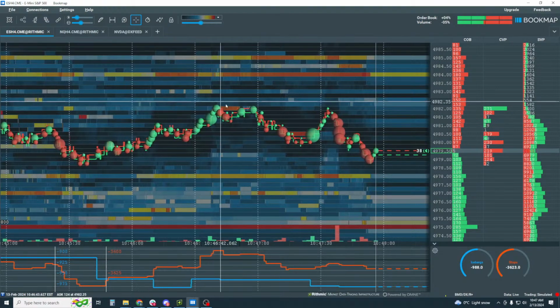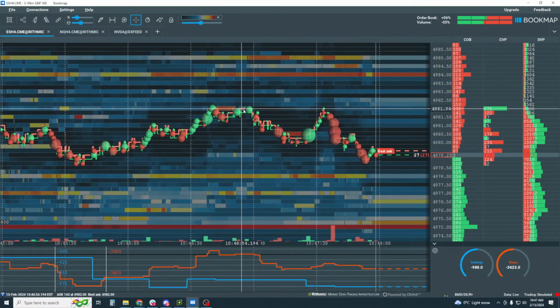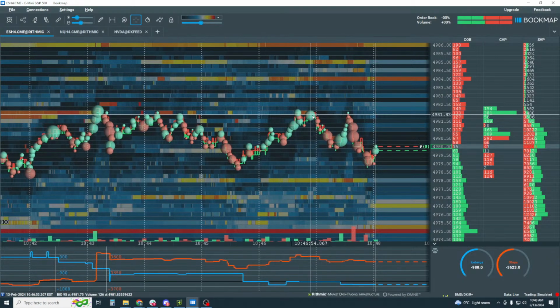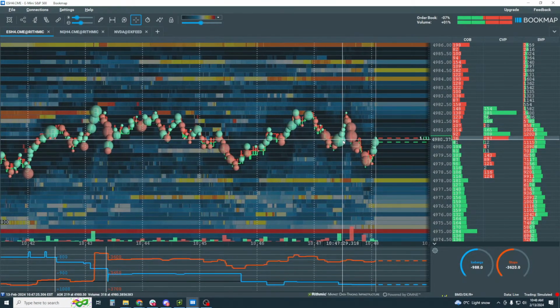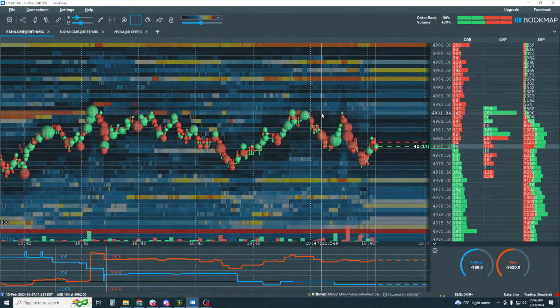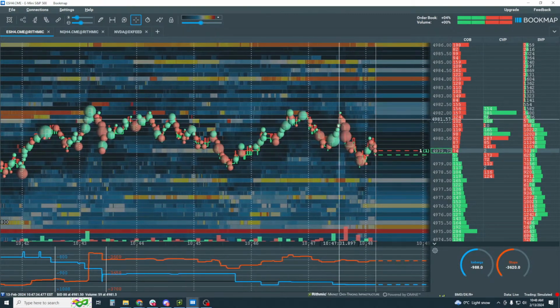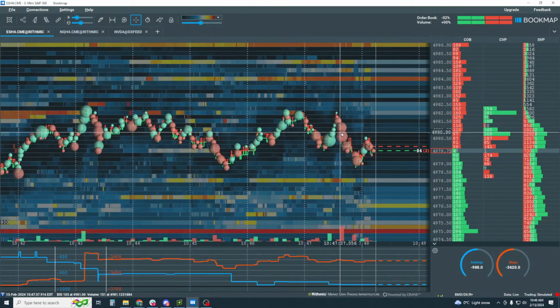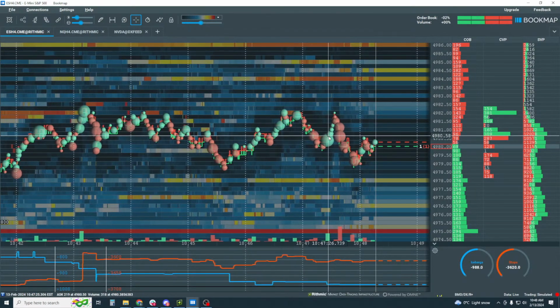We're looking for those buyers to at least retest the swing up here. Okay, they did. We took some off. We'd move the stop to break even. Now this is scalping at a pretty decent level, and you took some off and you didn't have a loser, and you're out. You look for the next setup.